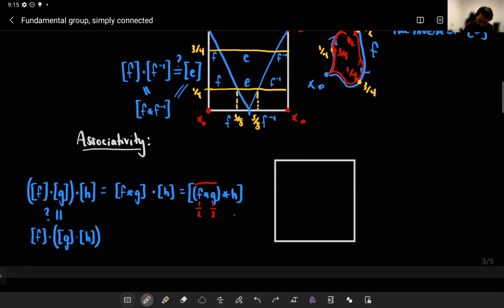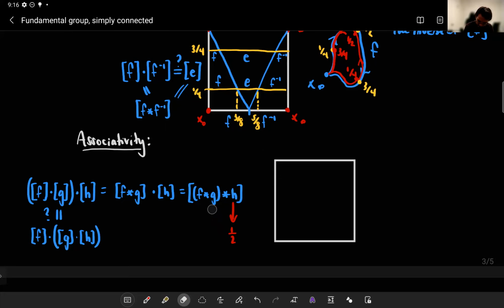So all of a sudden, I need a whole half second for H. Each of these, I can spend half of that time. So I'm spending a quarter time racing around F, a quarter time racing around G, and then half my time kind of going quickly, but not racing around H. Okay.